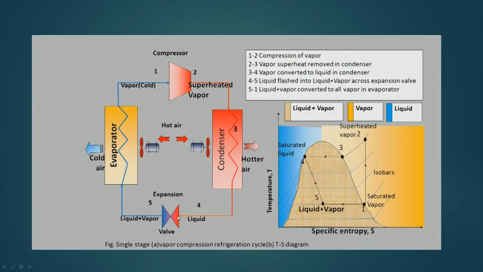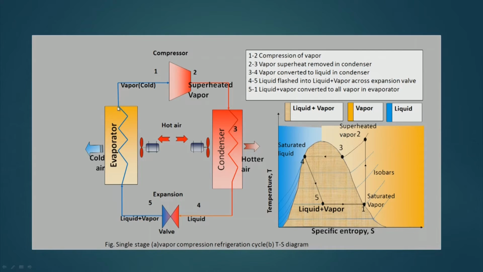So, this liquid goes to an expansion valve, which reduces its pressure and converts it into a low temperature liquid and vapor mixture. This low temperature liquid and vapor mixture is pumped to the evaporator, and in this evaporator the liquid part of this mixture evaporates.